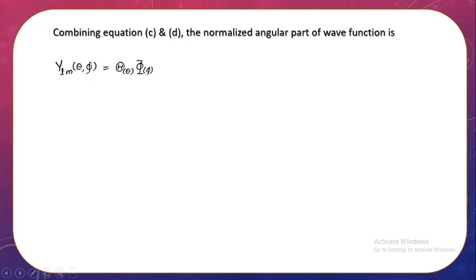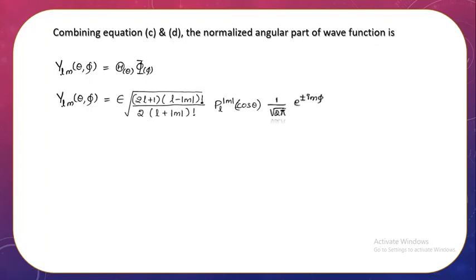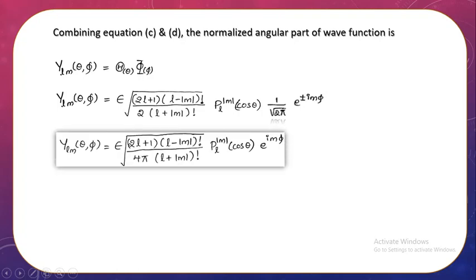If it is represented as YLM of theta comma phi, then putting in the theta solution as well as the phi solution and simplifying, we get the angular solution of the wave function, which is YLM of theta comma phi equals epsilon into the square root of 2l plus 1 into l minus mod m factorial divided by 4 pi into l plus mod m factorial into PLM of cos theta into exponential of i m phi.